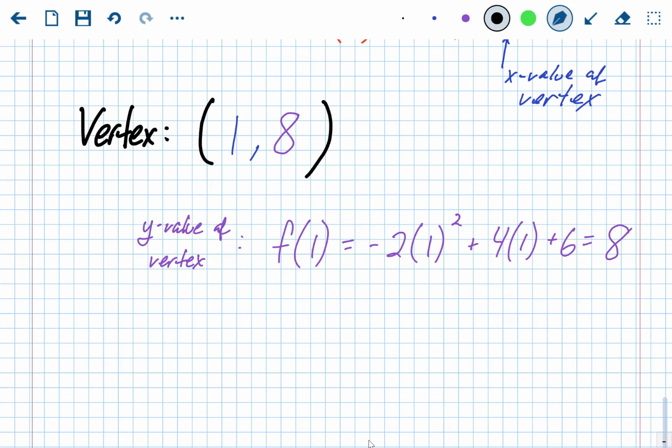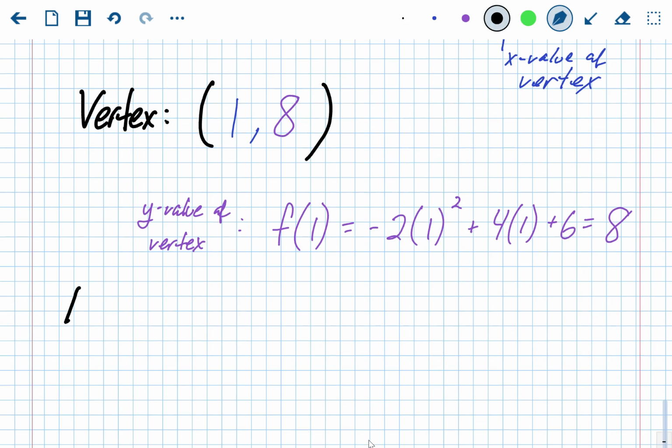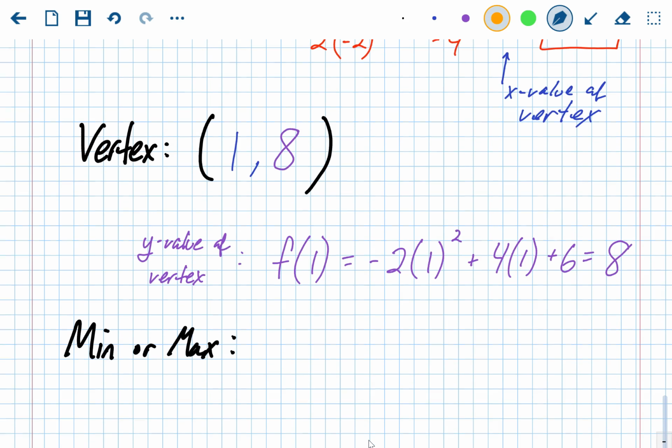Okay. All right, well, knowing the vertex tells us some more information. Do we have a min or do we have a max? Well, this isn't from the vertex, but it's from the a value.